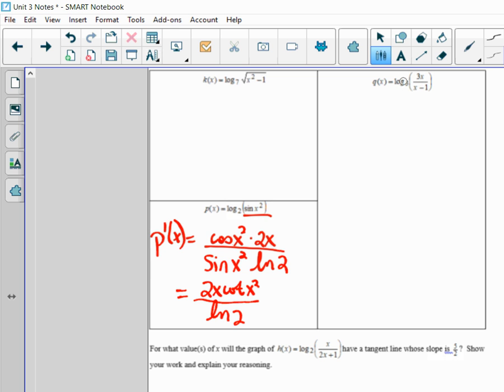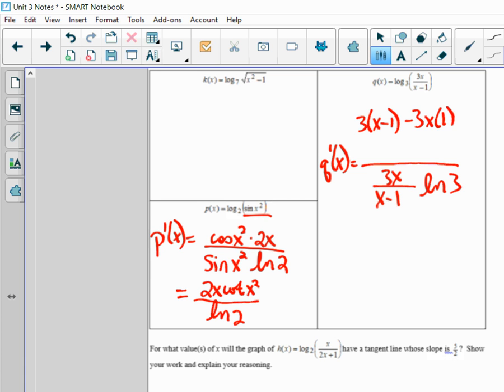Let's do this mess because it's a quotient rule. So the bottom would be this, right? The bottom would be 3x over x minus 1 times ln of 3. The top would be the derivative of that, which would be the quotient rule, which would be 3 times x minus 1 minus 3x times 1, right?